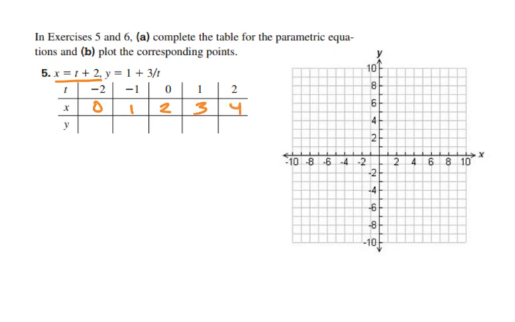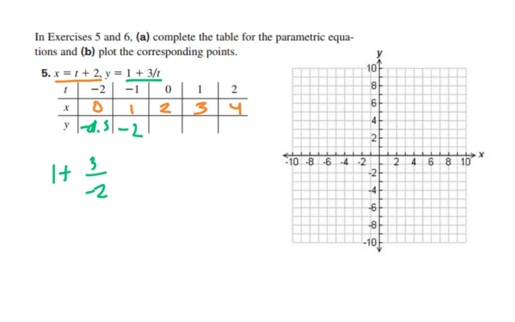Alright, and then to get the next one, we're going to do 1 plus 3 over t. And so this first one ends up being 1 plus 3 over negative 2. So it's negative a half. Alright, then we do it with negative 1 in the denominator, so you get negative 2.